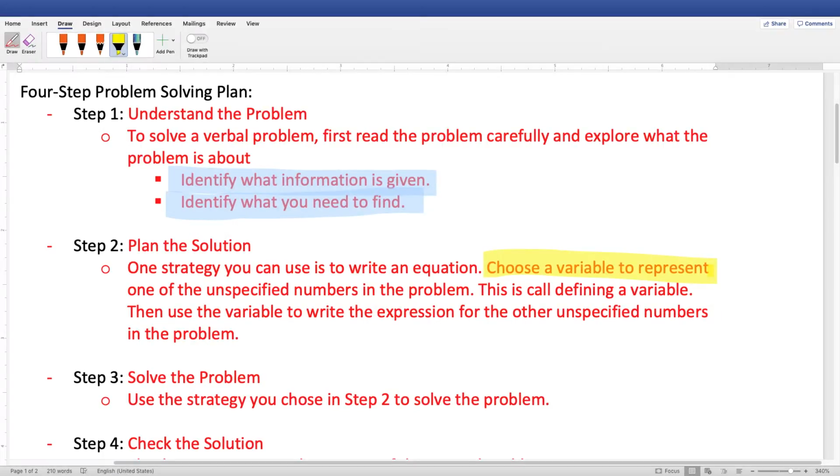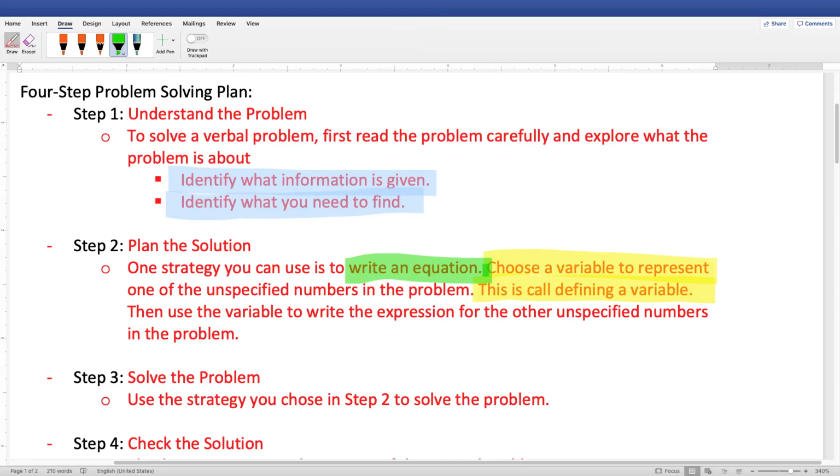And what we call that is defining the variable. So we got to be able to define a variable. After you define your variable, which is your unknown, then you need to be able to write an equation. So those are the main parts of step 2. You need to be able to define a variable and then be able to write an equation.